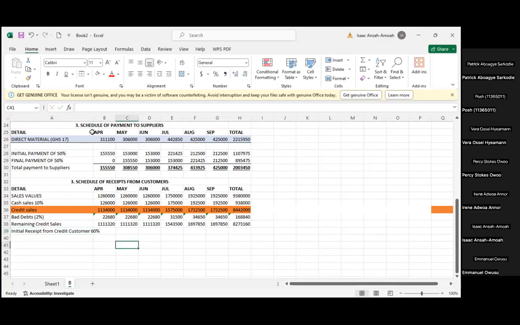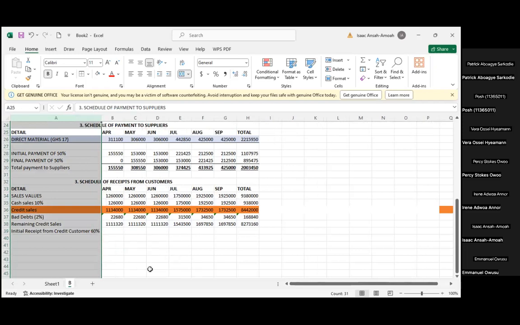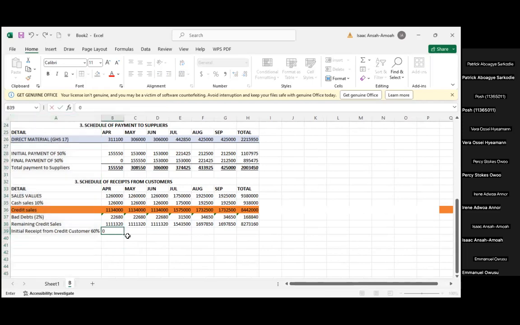Right. 60%. Okay. When is that received? 60% agreed to pay after 1 month. After 1 month. So here is 0. It comes up rather here. So it becomes 0.6, 60% times the 21,320.